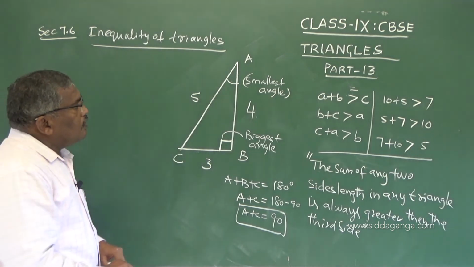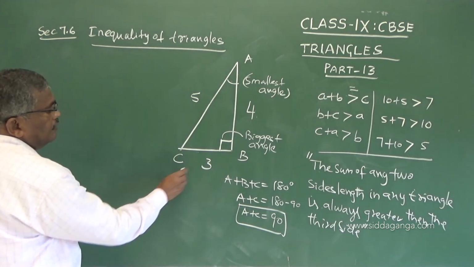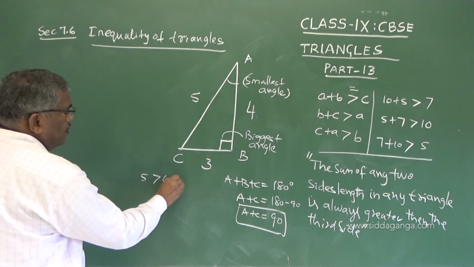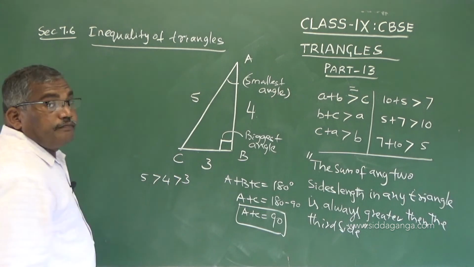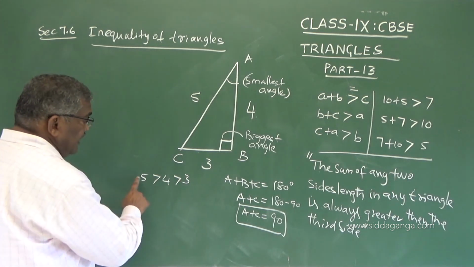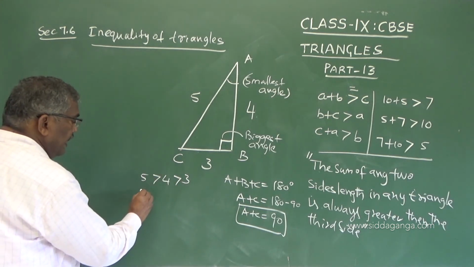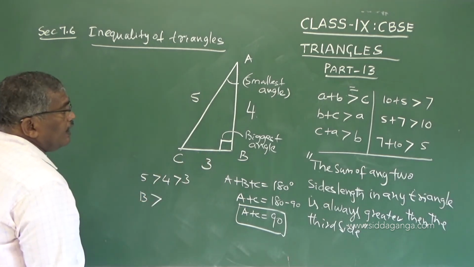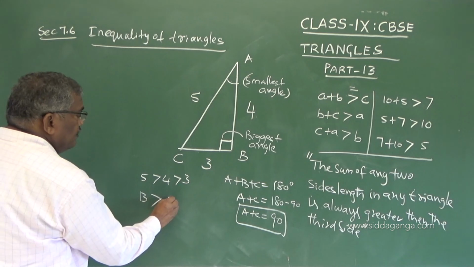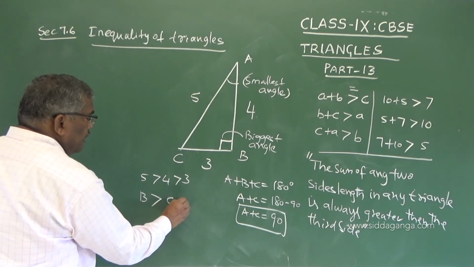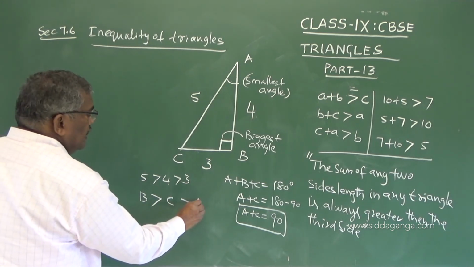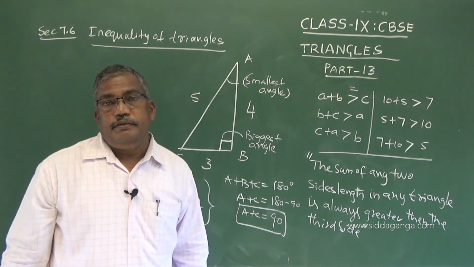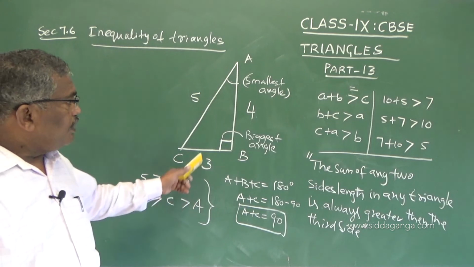In this case we write it like this: 5 is greater than 4, greater than 3. So these are side lengths. So therefore angle B is greater than the angle opposite 4, C, which is greater than A. So these conclusions we have to understand. I hope you are following these things.